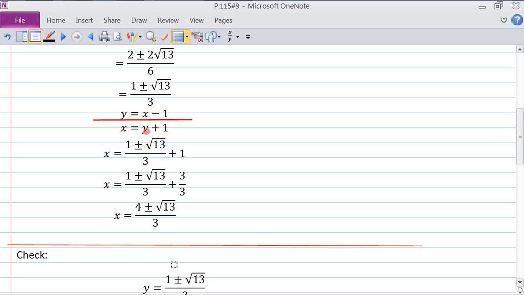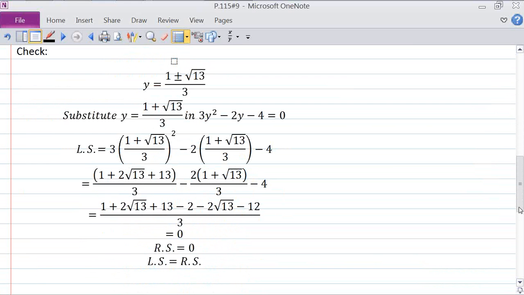This is the x, this is the y, and we add 1. And instead of this 1, we can write 3 over 3, so that we get a common denominator. We add this 3 to the 1, and we get 4 plus or minus root 13 over 3. Now, the solution that we're going to check is the y1.